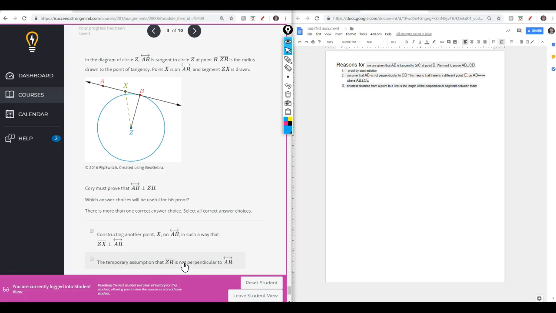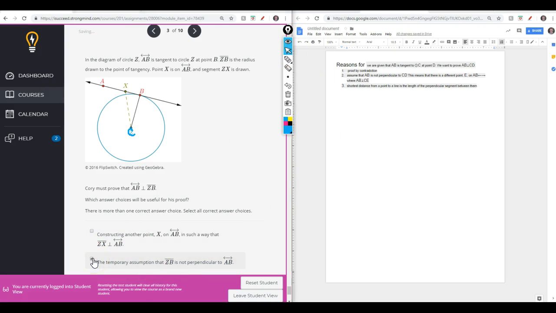No, because we're going to say yes, because that's the assumption that AB is not perpendicular to CD. If we go back to our example, remember that this was point C. So yes, that is one.